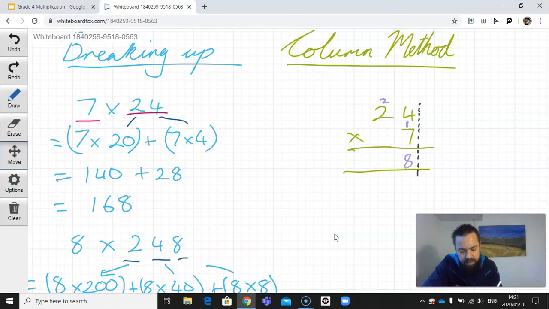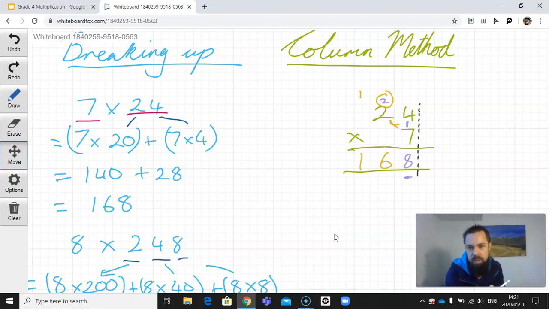I put the 8 over here, but because the 2 from the 28 was in the tens, I carried it to the tens column up here. Now I'm going to do the next step, which is to go 2 times 7, which is 14, and then I add the 2 to make 16. I put the 6 there, I carry the 1, but there's nothing underneath it, and it falls straight down.